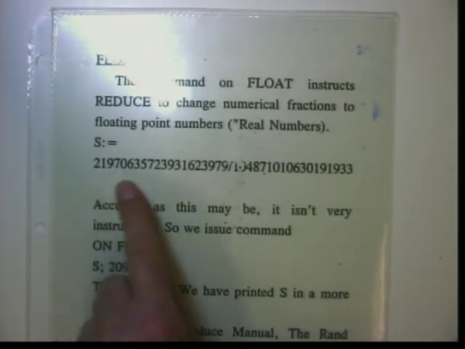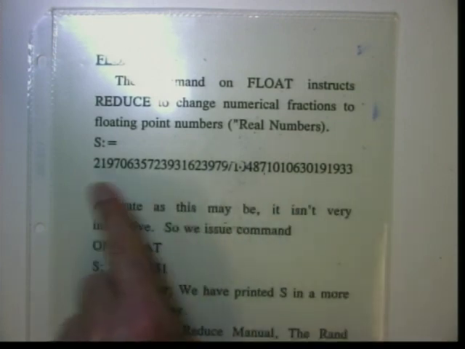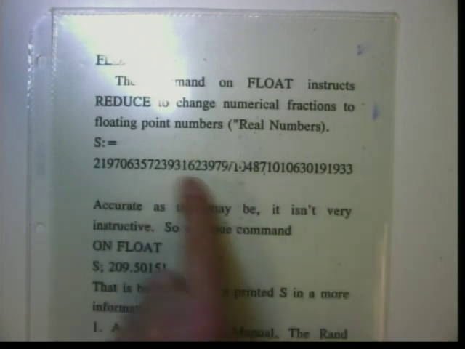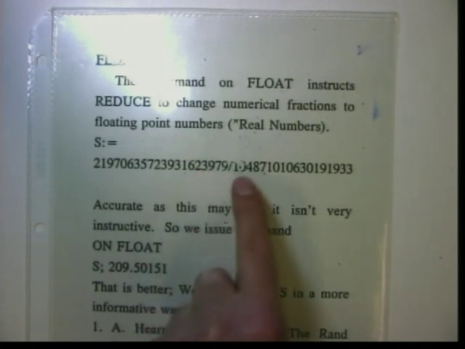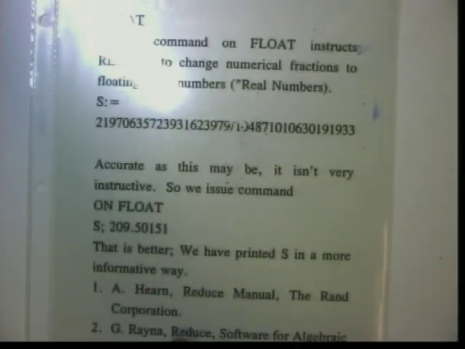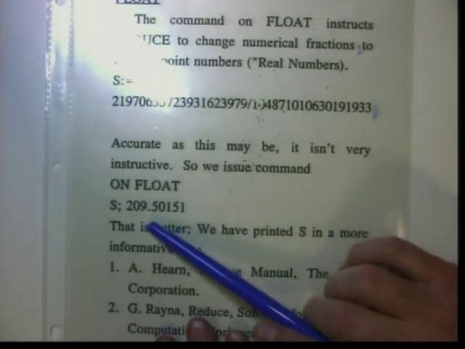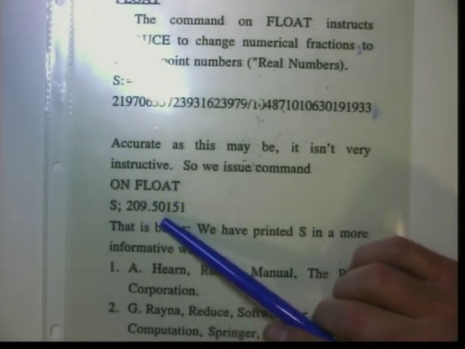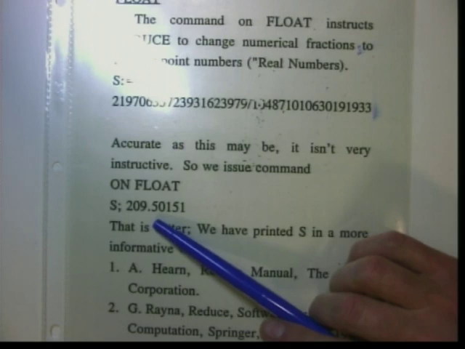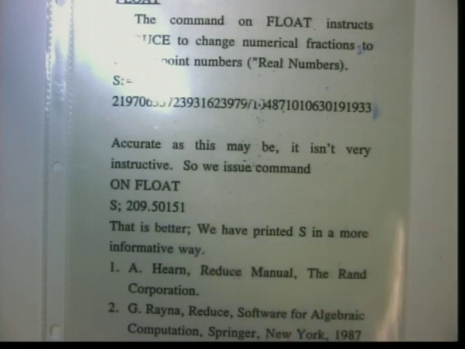Can you imagine getting such an answer? It's very uncomfortable, with very many digits in the numerator and denominator. If you use the command on float, then you will get the result 209.50151. So it is better that we have printed S in a more informative way.